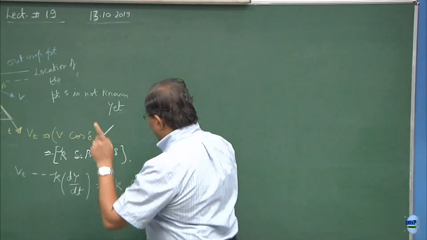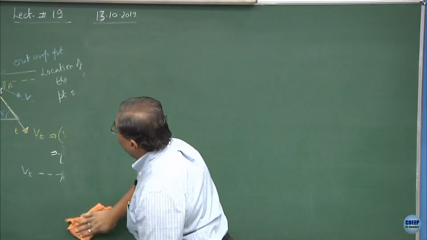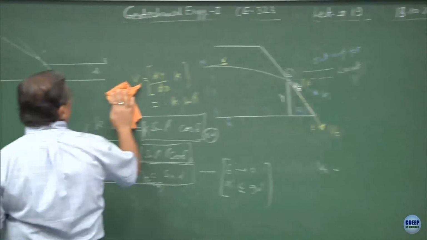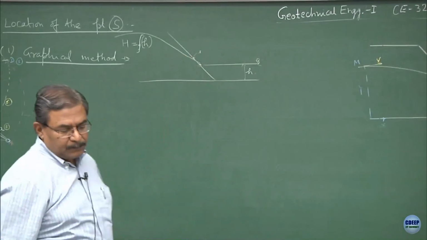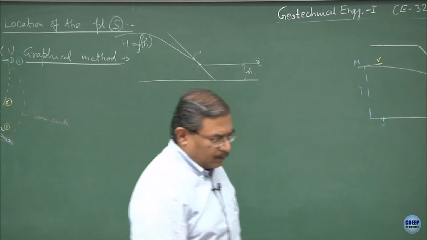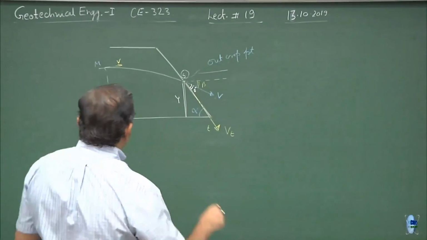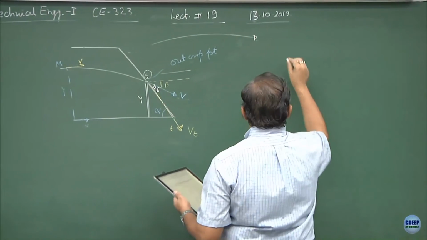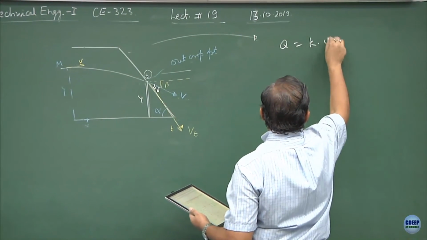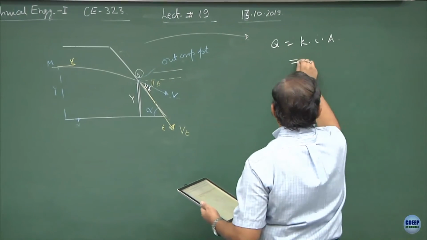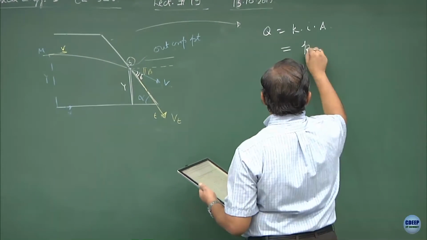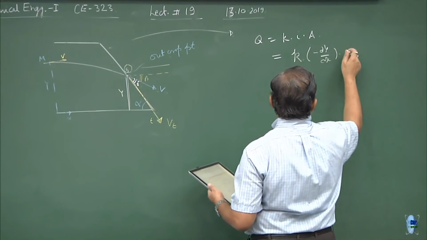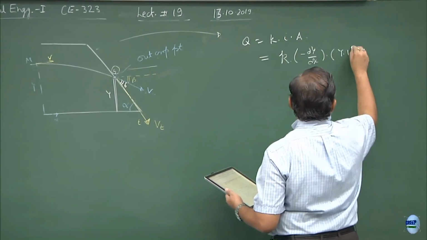So let us now do the analytical solution to obtain the outcrop point. In this expression, in this figure, if I write that q equal to k into i into A, and this will be equal to, let us say, k del y by del x into area y into 1.